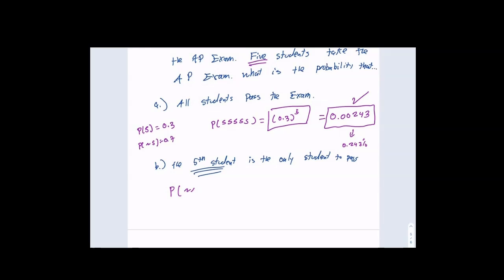So if you feel comfortable writing the probability of failure here, and you want to say probability of F, and you feel comfortable with that, that's perfectly fine. Do it. All right. So failure is the same thing as not a success. Failure, failure, failure, failure, and then a success.